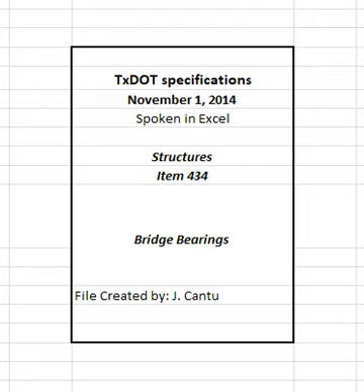2.3.3.3.2 Piston. Provide in accordance with the TxDOT LRFD bridge design specifications and TxDOT LRFD bridge construction specifications. 2.3.3.3.3 Pot. Provide in accordance with the TxDOT LRFD bridge design specifications and TxDOT LRFD bridge construction specifications. 2.3.3.3.4 Ceiling rings.